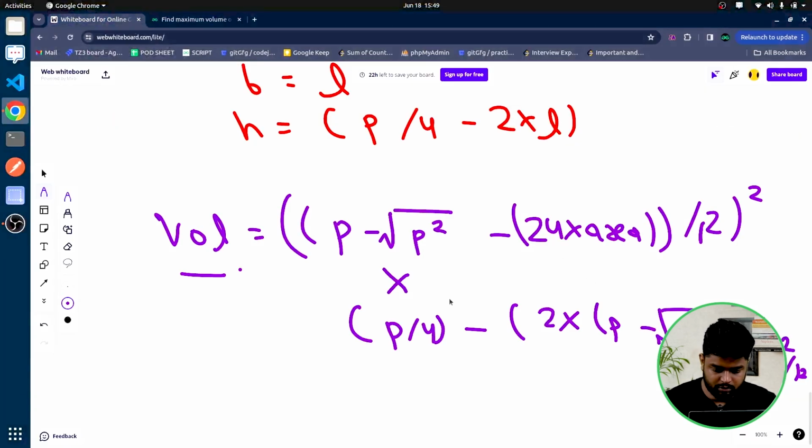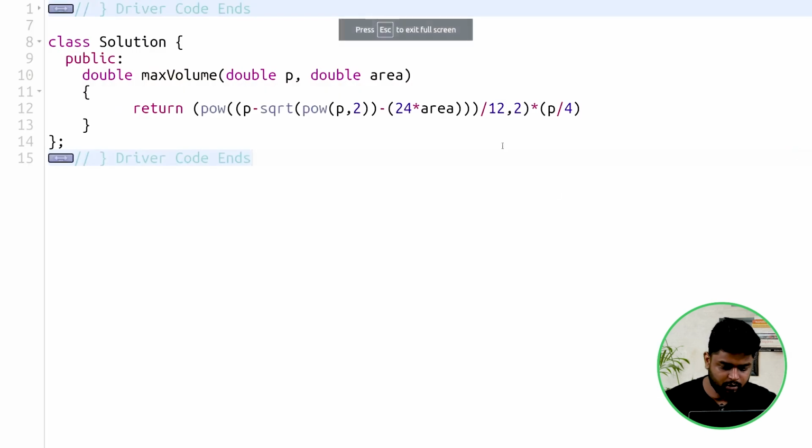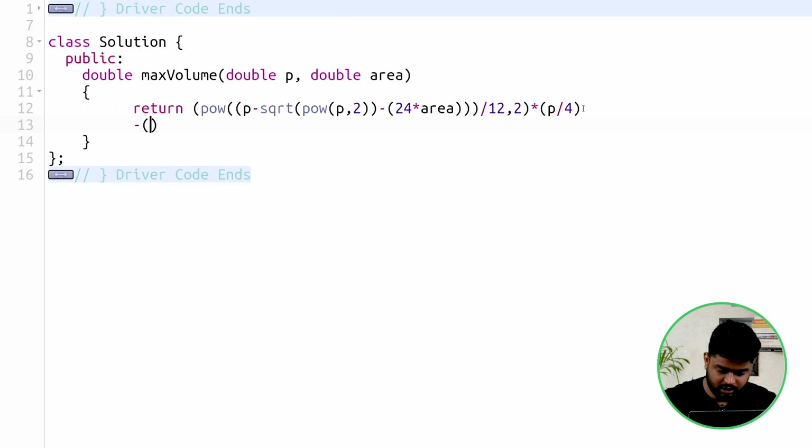When you substitute, you'll get p by 4 here, so you'll multiply it with this value, and then you'll subtract 2 times the perimeter minus the square root of power of p comma 2, minus the value, that is 24 into s.